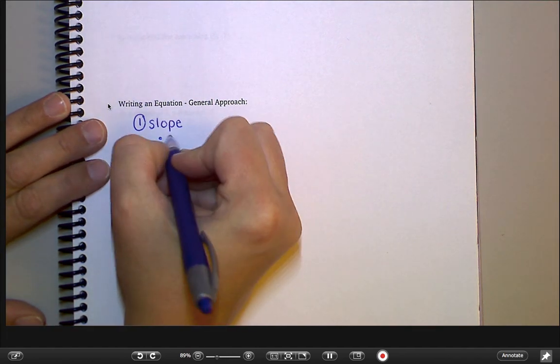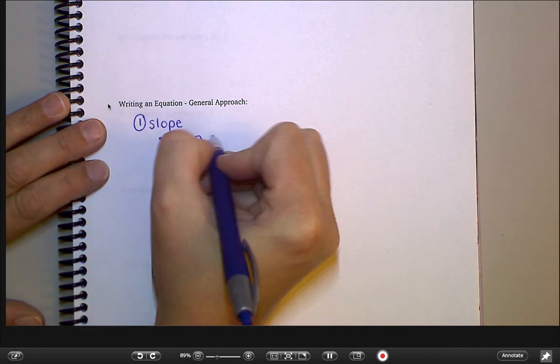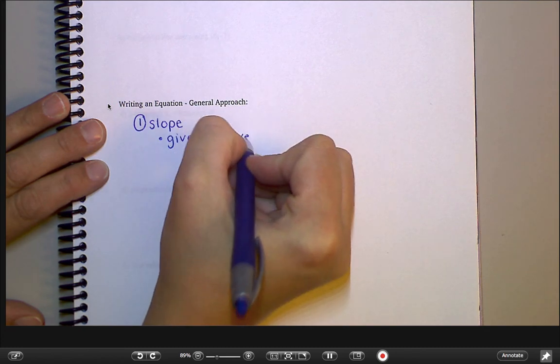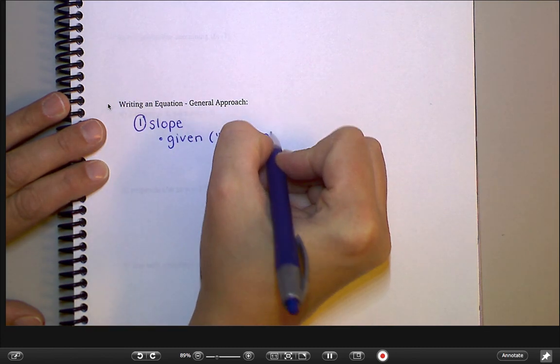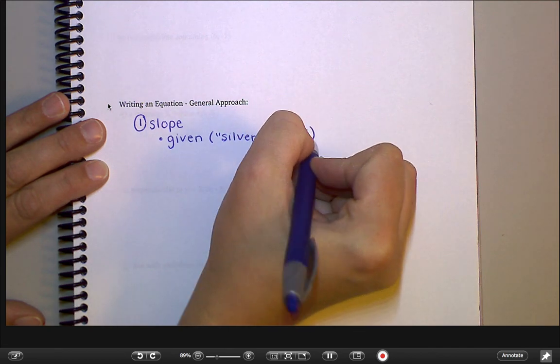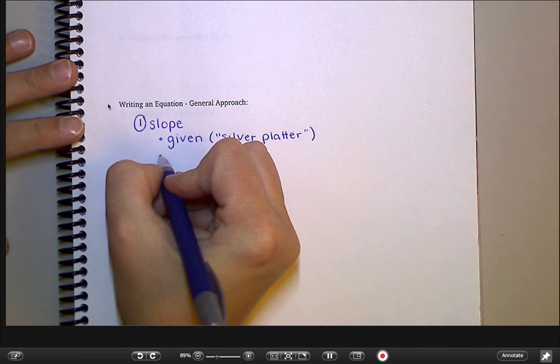First off, sometimes it's just given to you. I refer to these as the silver platter moments, because this is when they just say, hey, here's your slope. Your slope is 5. Your slope is 2/5, things like that. So sometimes it's just handed to you.